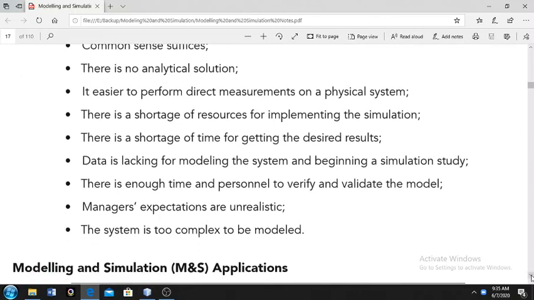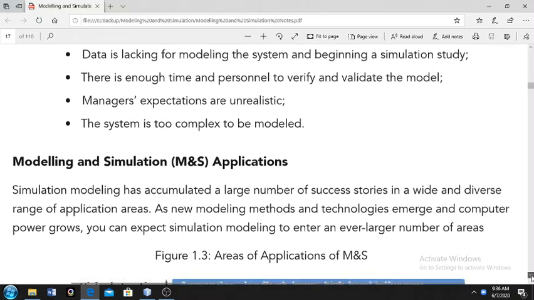When the feasibility is not possible. When there's a shortage of time for getting the desired result. When data is lacking for modeling the system and beginning a simulation study. When there is not enough time and personnel to verify and validate the model. When managers' expectations are unrealistic, or when the system is too complex to be modeled. In these situations, it is really not appropriate to simulate.